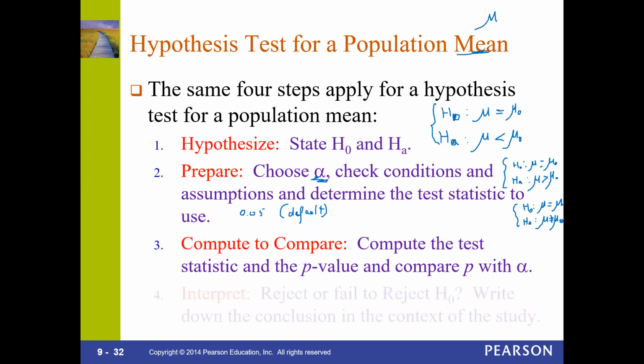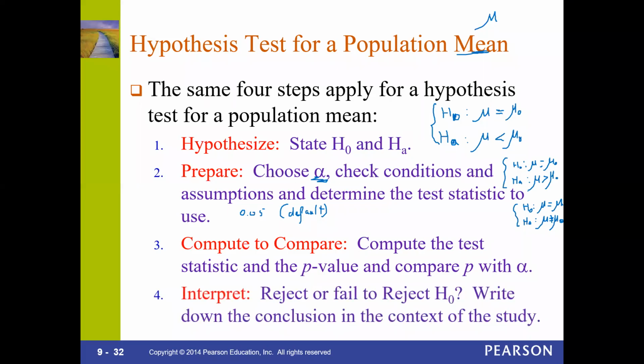Whenever you compare to alpha, you're going to either reject or fail to reject H0. Then you have the same thing as previously. If you don't remember the steps, I would suggest you go look at them in the last subject, when we were doing the population proportion.